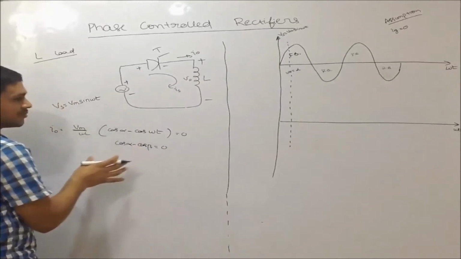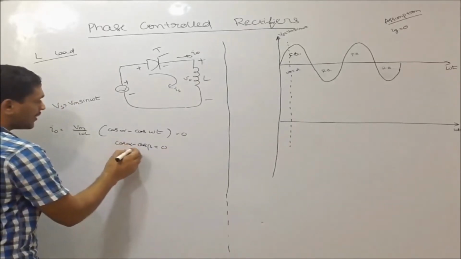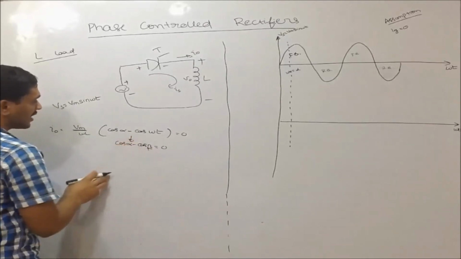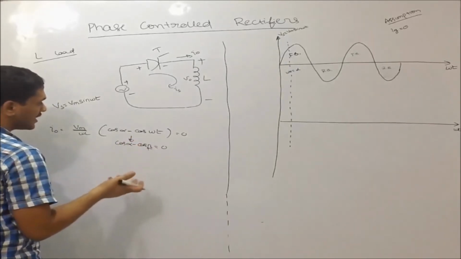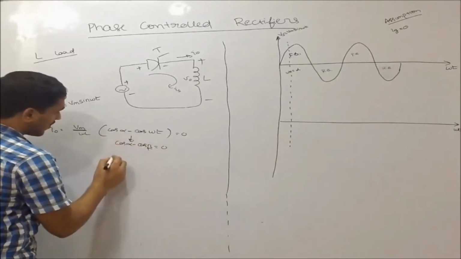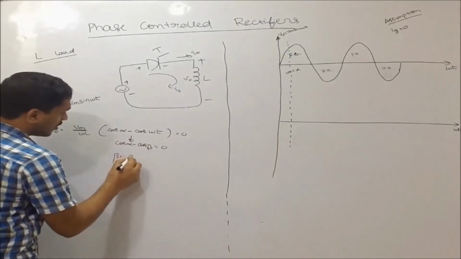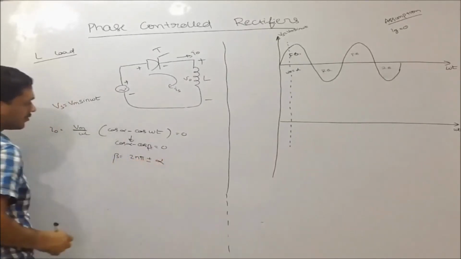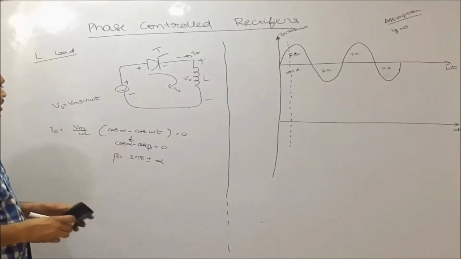Then what is the relation between beta and alpha? I am interested in finding beta in terms of alpha, because alpha is given, it is my firing angle. So I have to find out beta, that is the extinguishing angle. So beta, how can I get? 2n pi plus or minus alpha.